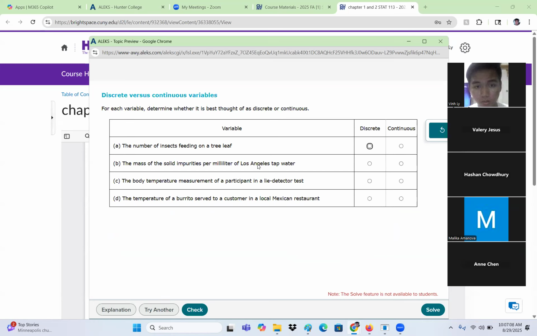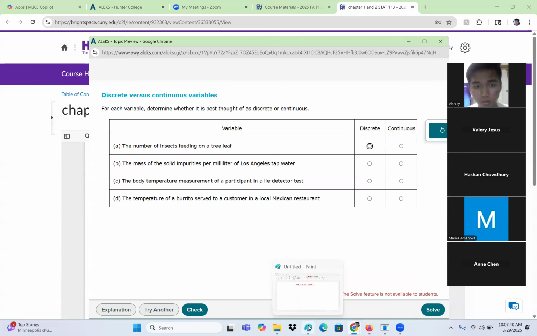Something extremely small that cannot be counted, we call continuous, like the body temperature measurement of somebody. Can we count the temperature to be exact? Usually not. So that's continuous. Something that we can count precisely, like one, two, three, up to 10, we just call a discrete variable.